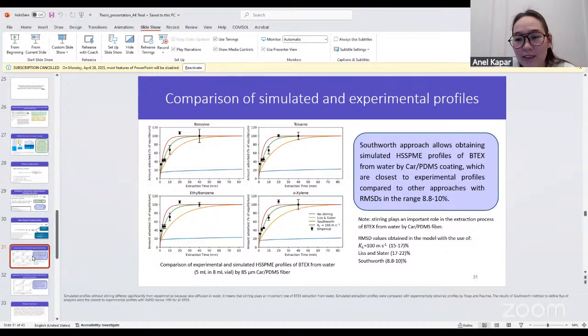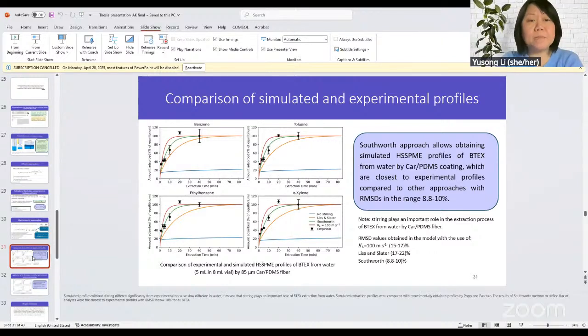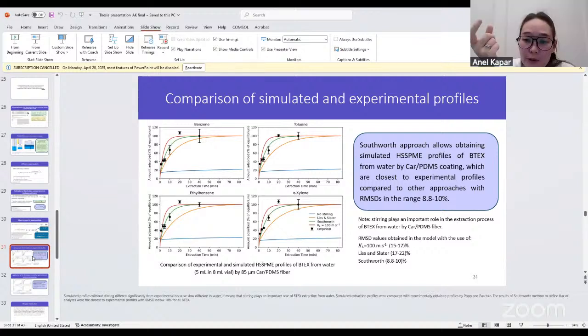Maybe you're asking about the distribution of molecules between water and headspace, when they are absorbed from the water to the headspace, and from the headspace to the fiber. Inside the fiber, do you mean that? Yes, I mean inside the fiber. For the porous coating in water, we use a porous coating, and this term is just taken from previous research, considering the porosity, tortuosity, and bulk density of the porous material.